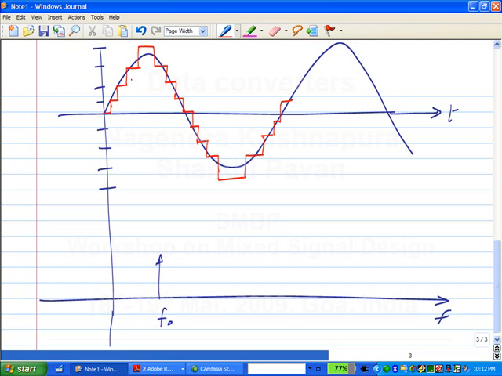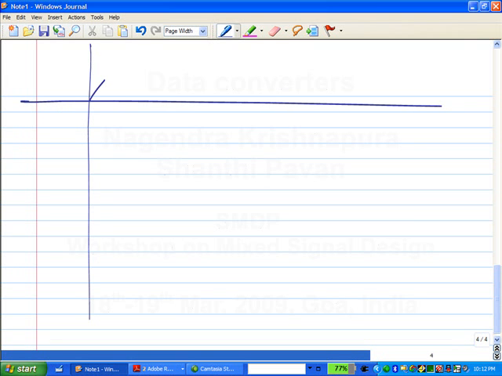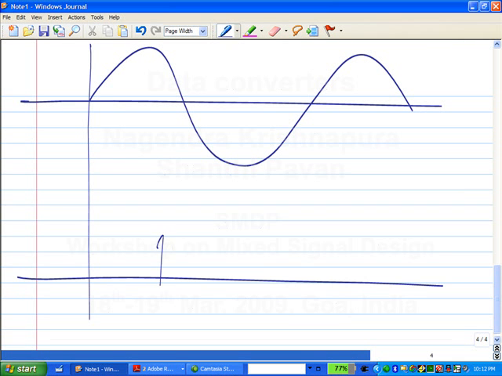Let's take a simpler case. I have this, and clearly again I have this impulse. Now I'll quantize it only into two levels. I'm really crude. Let's say if I owe you money, I'll say plus, and if you owe me money, I'll say minus. That's all.